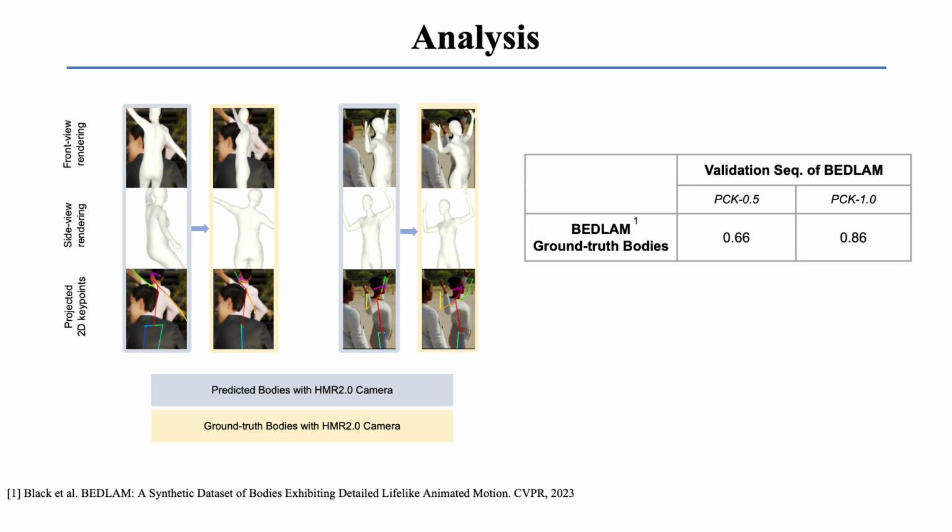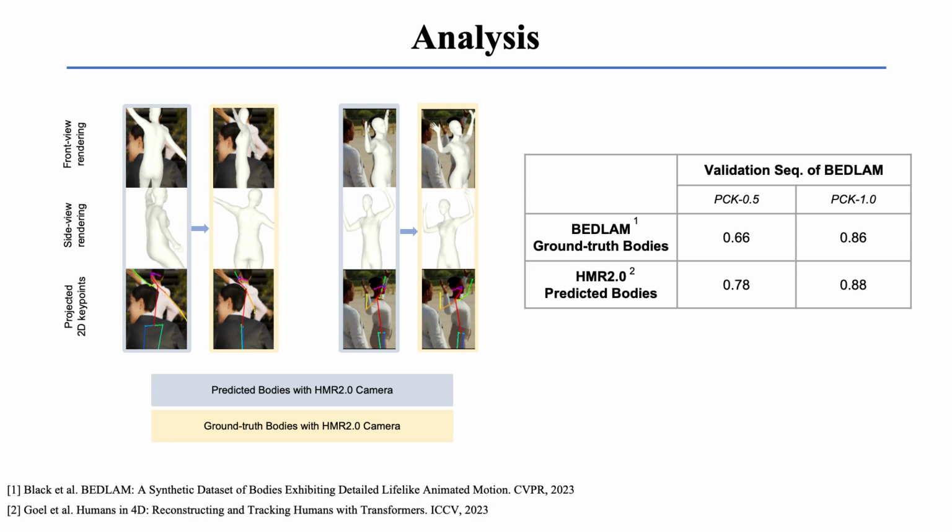This defines an upper bound on how good a method can be on the PCK metric if it obtains perfect 3D pose estimates. We then evaluate the PCK of HMR 2.0, which is a state-of-the-art method. It turns out that the PCK of HMR 2.0's predictions is higher than that of the ground truth. This means that HMR 2.0 and other similar methods overfit to the 2D data at the expense of 3D accuracy.